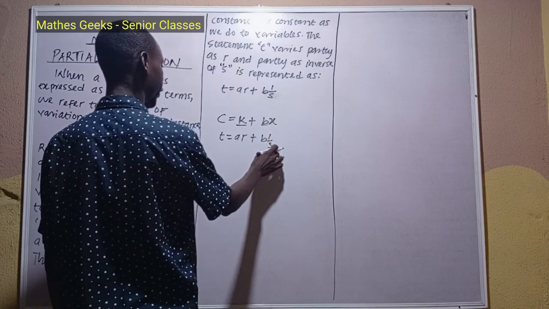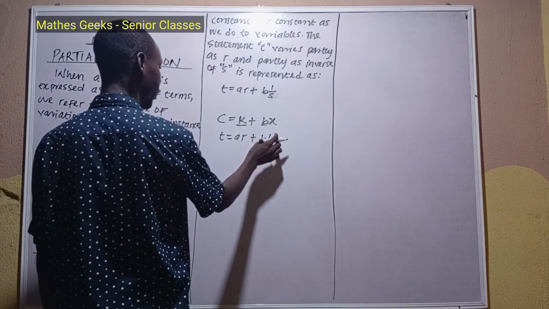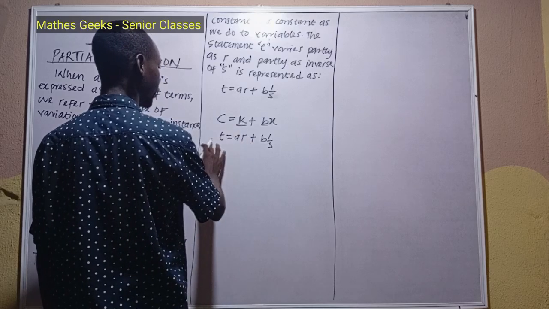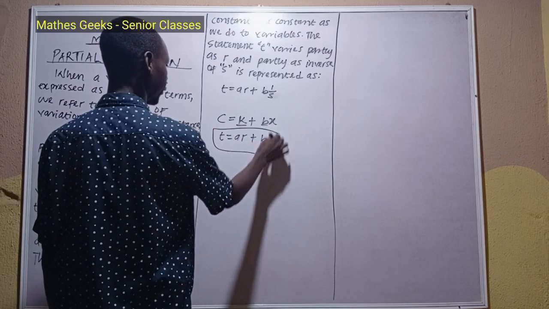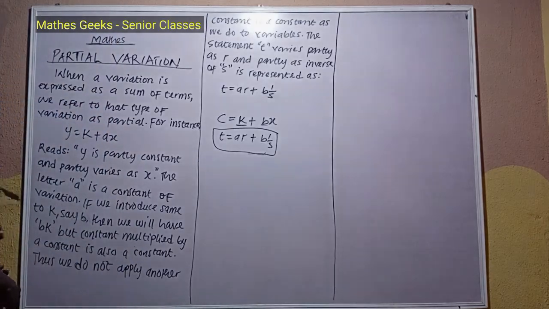So this part is the inverse variation, and this part is the direct variation. Both s and r are related to t by this formula. So this is how we represent partial variation.